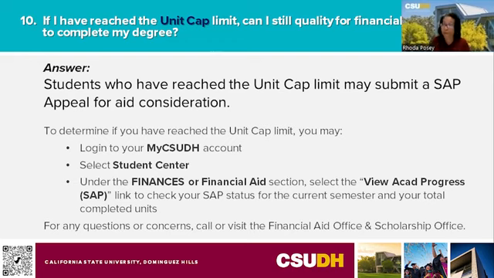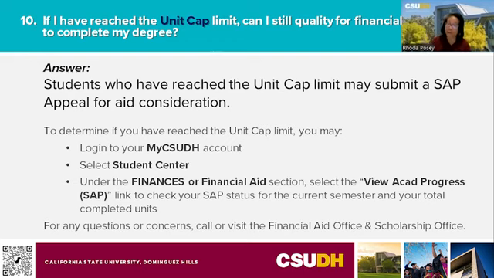You want to log into My CSUDH. You can go to your student center, and either under the finances tab or the financial aid section, you should see an option to view academic progress SAP. You're going to select it.